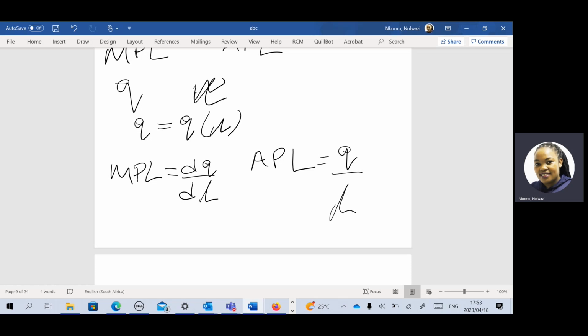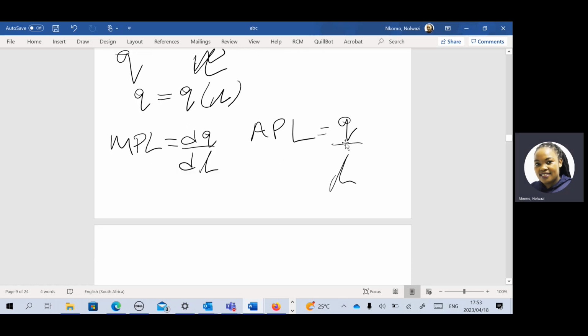So to find the average production of labor, we divide Q by L. And to find the marginal production of labor, we differentiate our production function, which is Q, with respect to L.